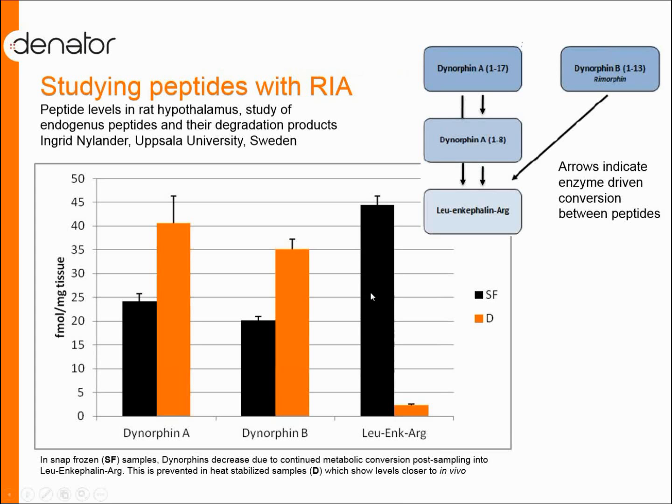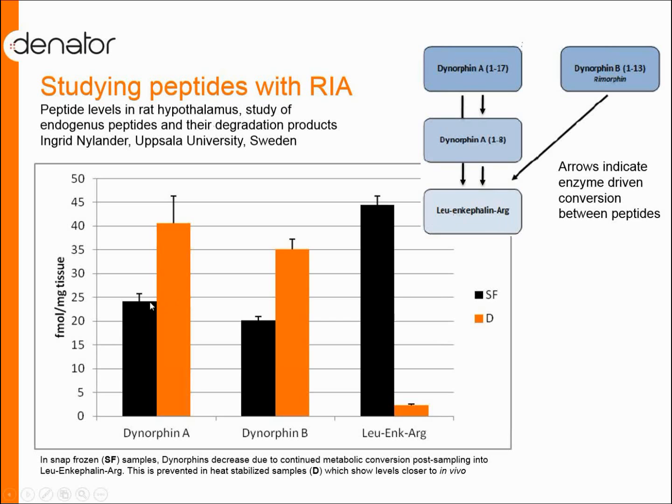In the third example of peptides, we're looking at a small system of dynorphin, so dynorphin A and dynorphin B, which are broken down to Leu-enkephalin-Arg.